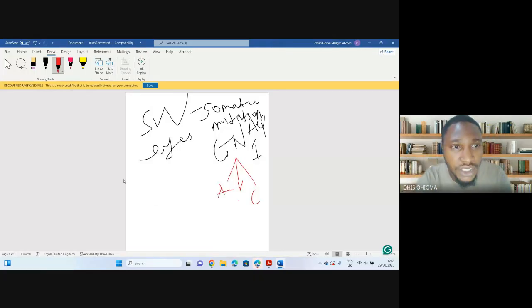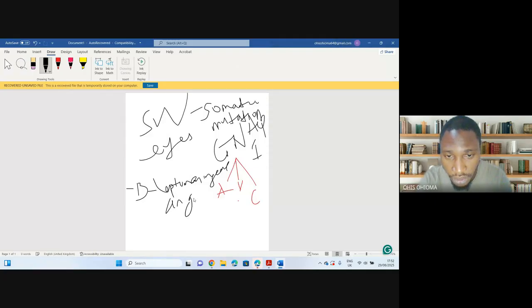So these patients basically present with three symptoms. In the brain, they present with what we call leptomeningeal angioma. They'll also present with intellectual disability. Those are the two things they'll present with in the brain.